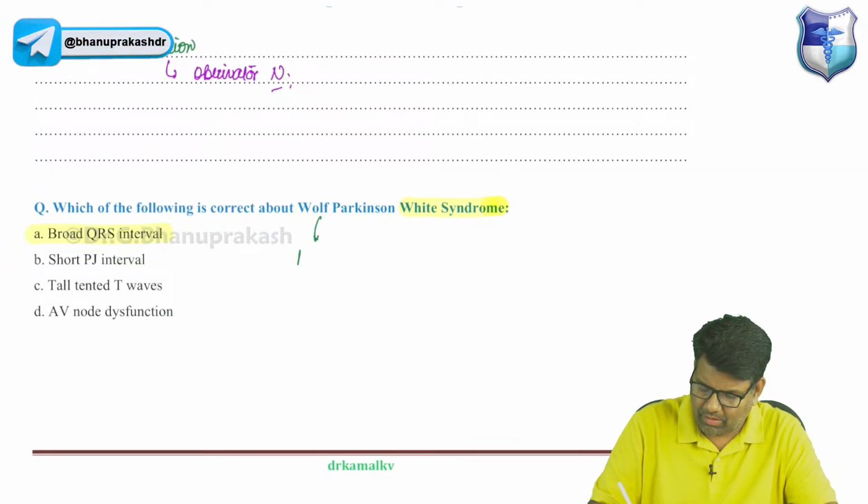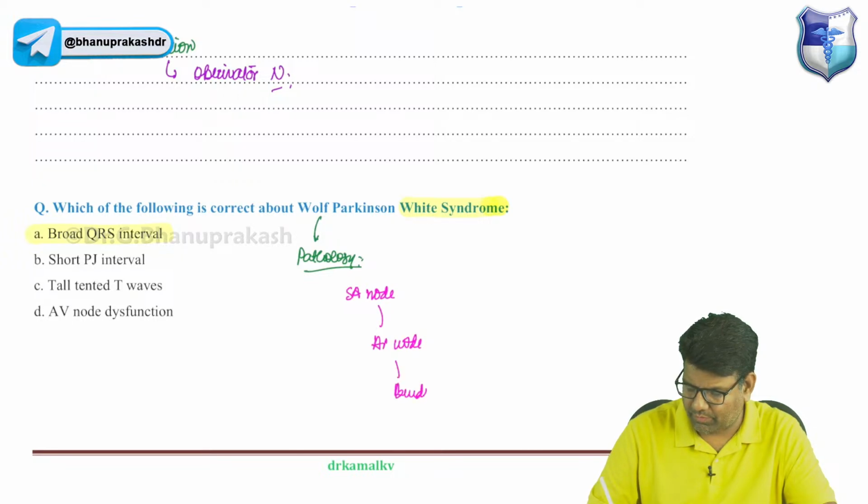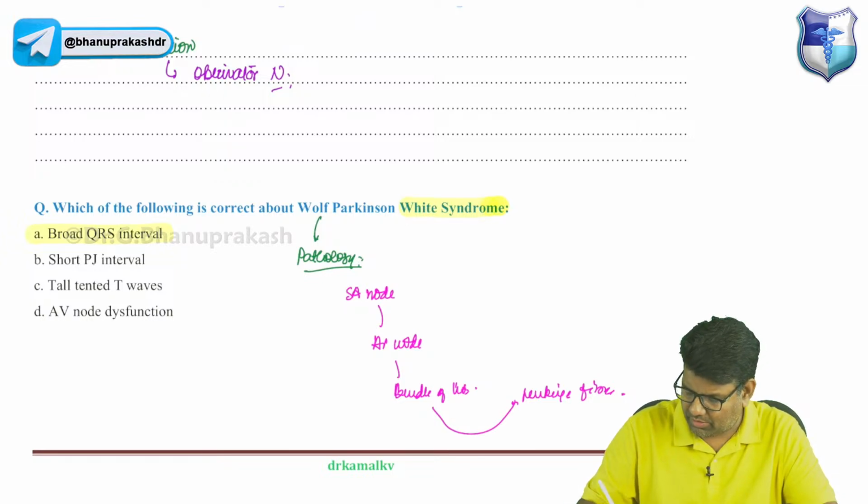Now, what is the pathology in Wolff-Parkinson-White? What happens? The usual route is the SA node, AV node, bundle of His, and then we have the Purkinje fibers, and these Purkinje fibers take the impulses to the ventricles. So this is the usual route.